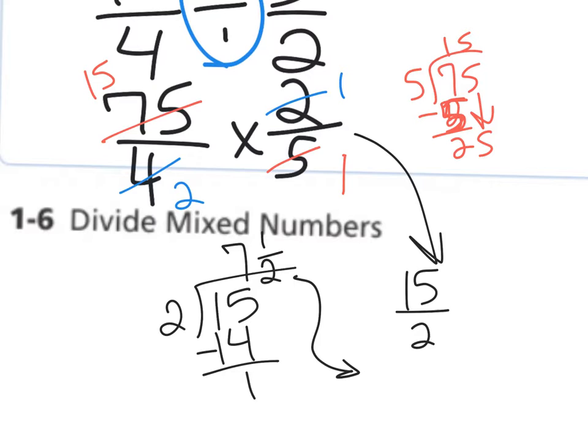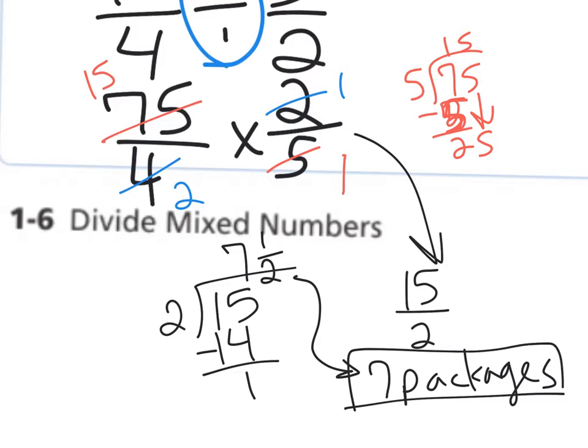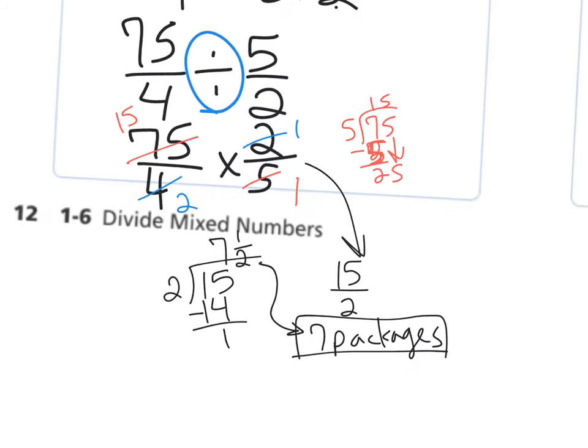Realistically, let's say that we could decorate 7 packages. What the book says is we could do 7 packages with 1 1/4 feet left over. They would have had to figure out half a package, how much that would be. So 7 packages that we could fully decorate is probably good enough for that part.